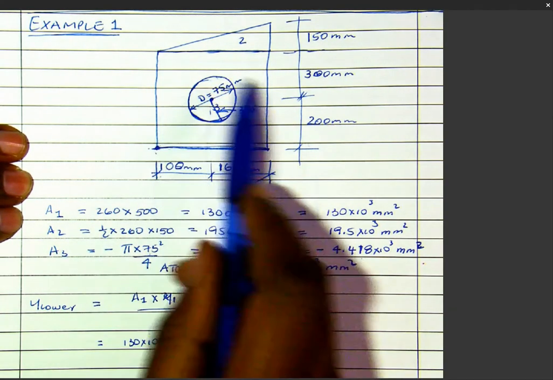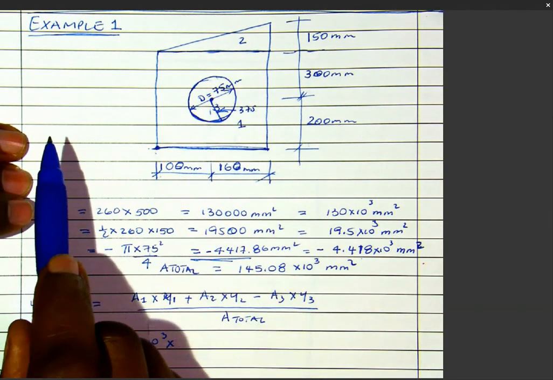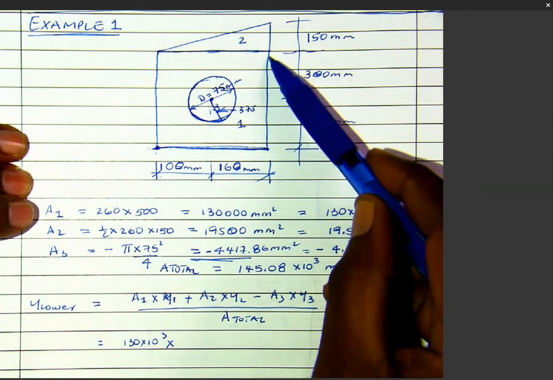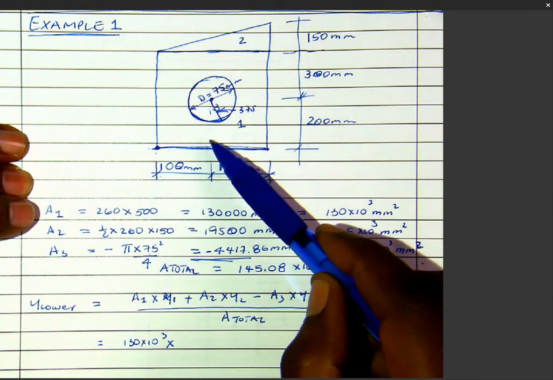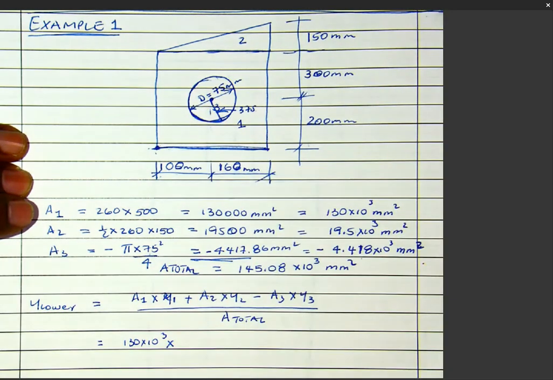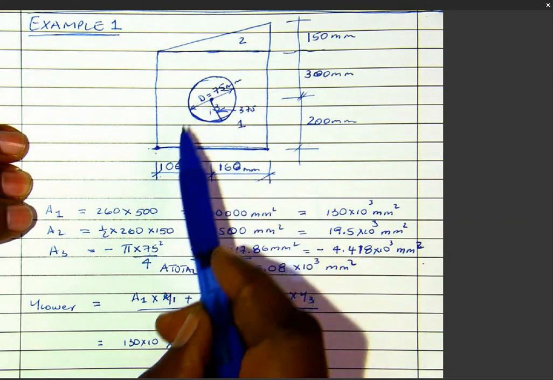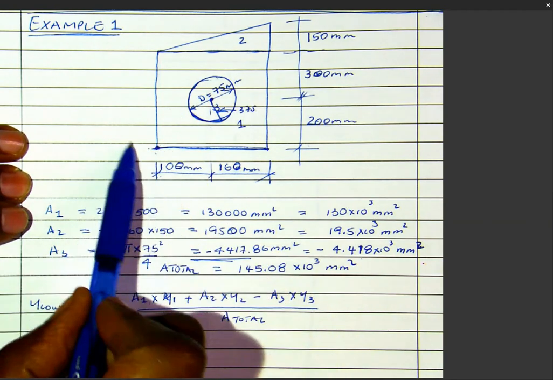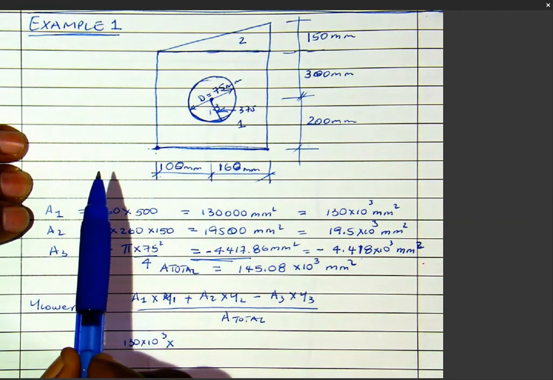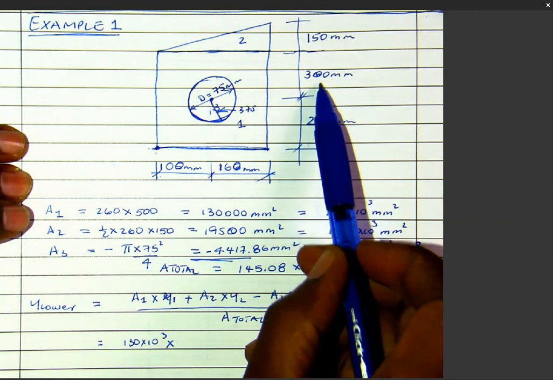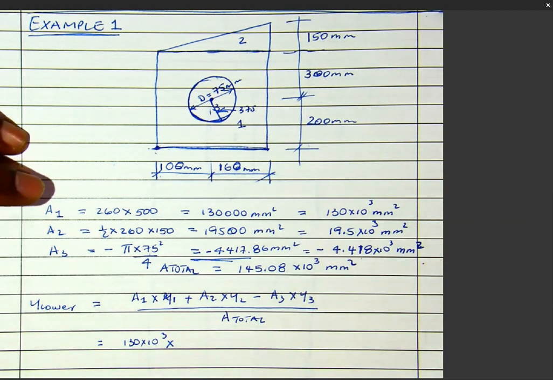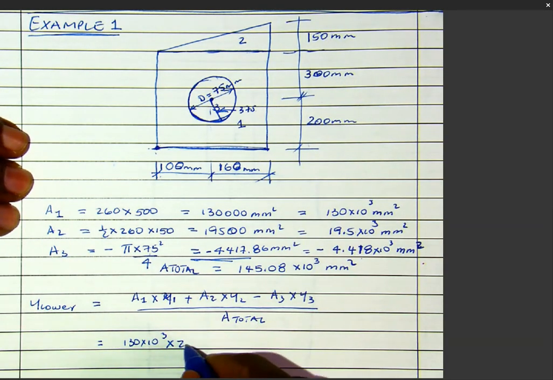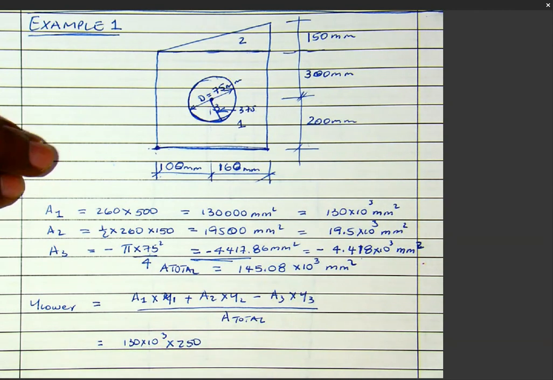I know that for area 1, the distance from the bottom to the center of area 1 must be the height of area 1 divided by 2. What is this height? It is 3 plus 2, which is 500. 500 divided by 2 is 250. That is my y1.